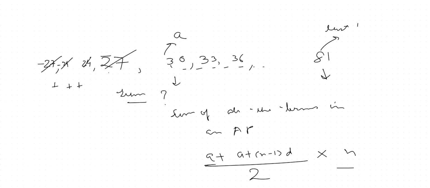Common difference you know is 3. We call it D is 3. नंबर ऑफ टर्म्स आप निकाल सकते हो. लास्ट टर्म आपको पता है, तो नंबर ऑफ टर्म्स निकल आएंगे. मैं डायरेक्टली बता देता हूँ कि आप 30 से 81 तक जाना है, तो this will be you are going from the 10th multiple of 3 to the 27th. So the number of terms are 18 here. Okay, the number of terms are 18 here.